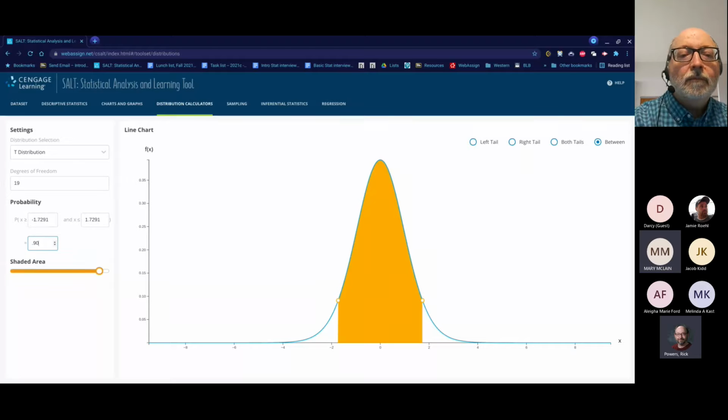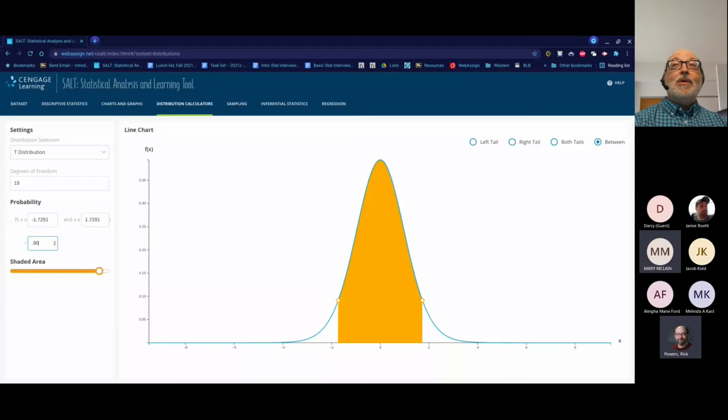Can you explain the degrees of freedom more? I guess I missed something. I don't understand the whole 20 to 19 or that 15 to 14. Okay. There's a couple of things, Mary. Number one, it's pretty much impossible for me to explain why we do it.